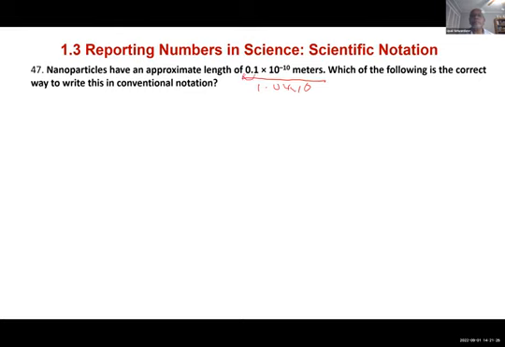When you move to the right, that means 10 to the negative 1 place. Into the negative 9. Therefore, the answer should be 1 times 10 to the negative 9.